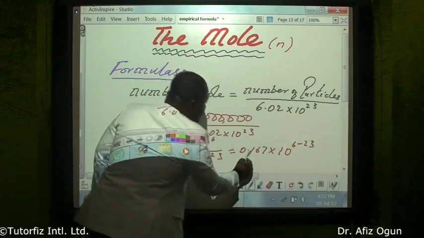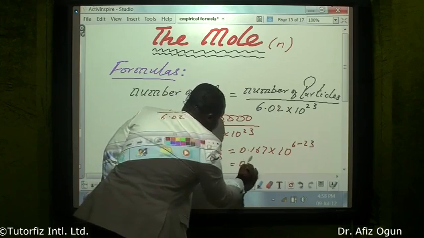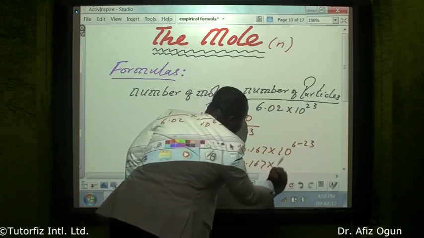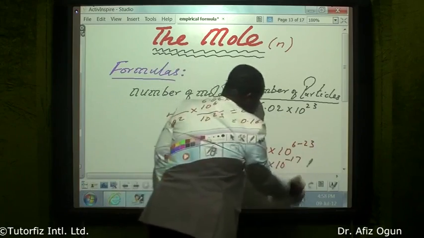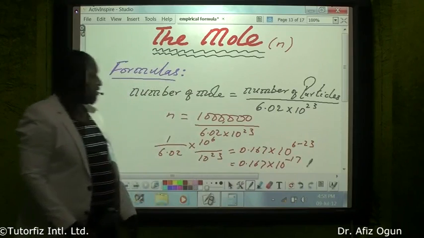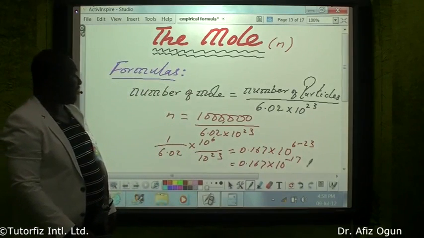So I now have 0.167 times 10 raised to power minus 17 moles.